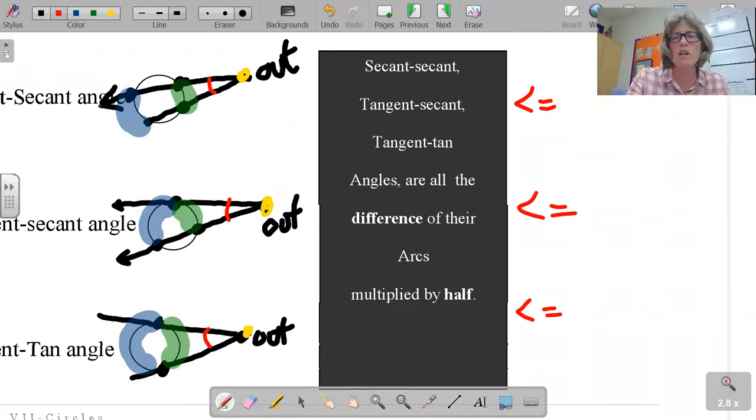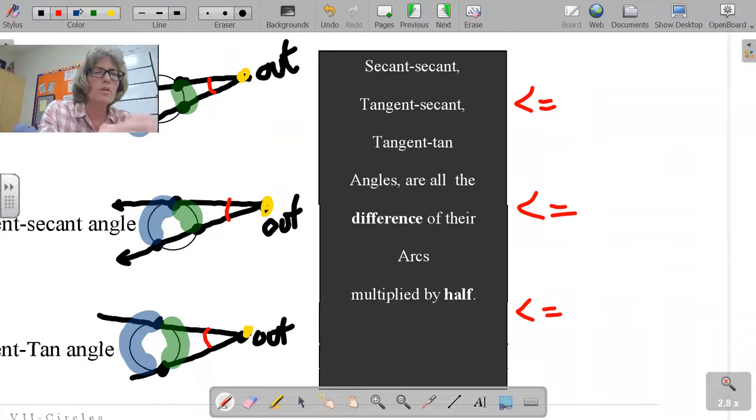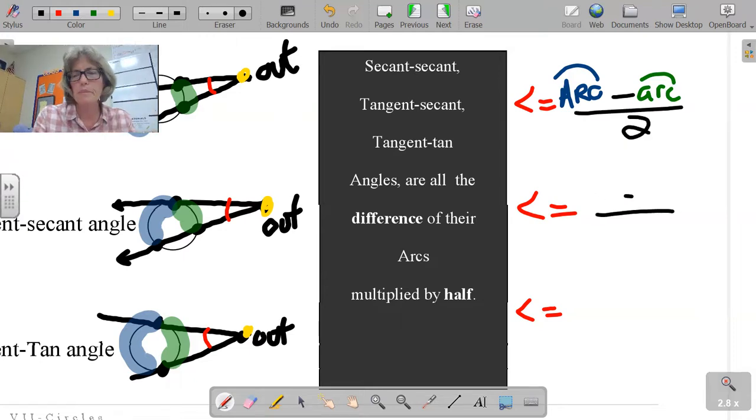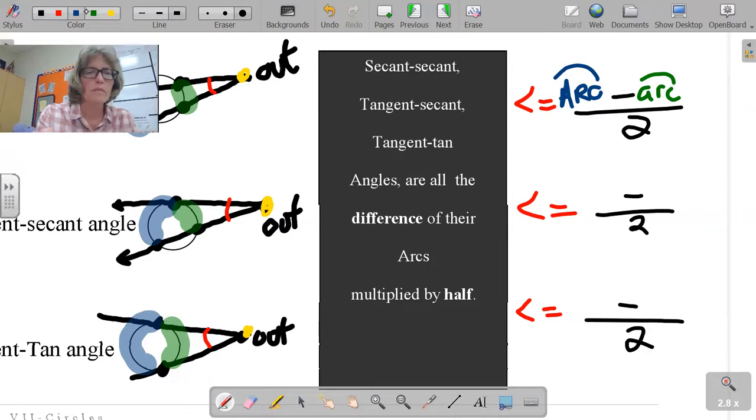Big arc minus little arc over 2. So that angle is going to be the big arc minus the little arc that it's striding, over 2. Big arc minus little arc.